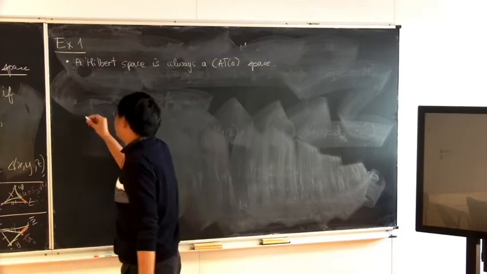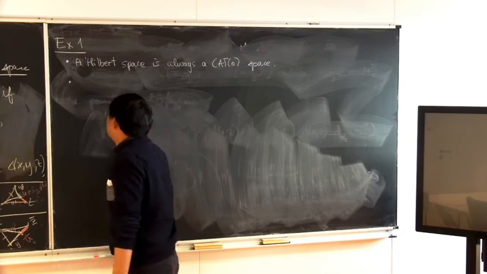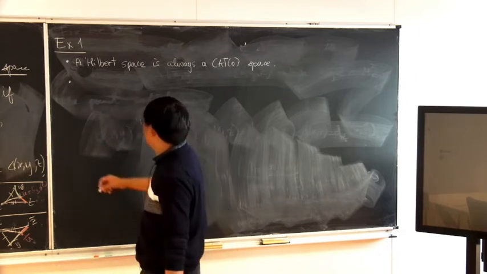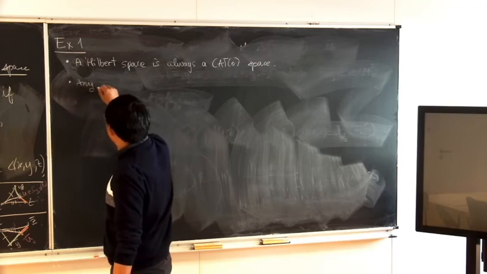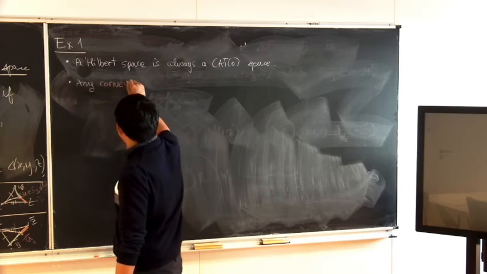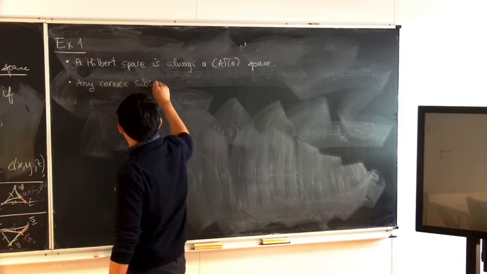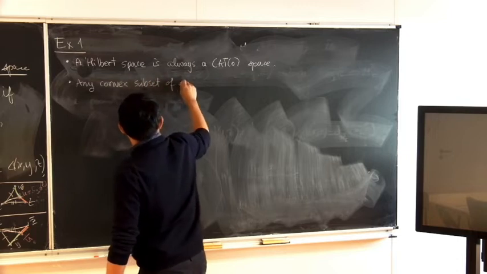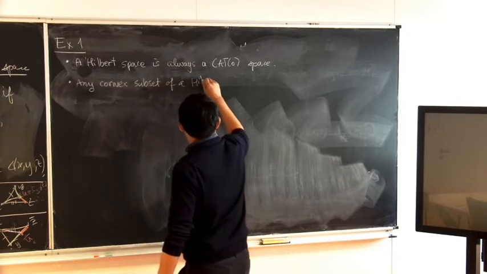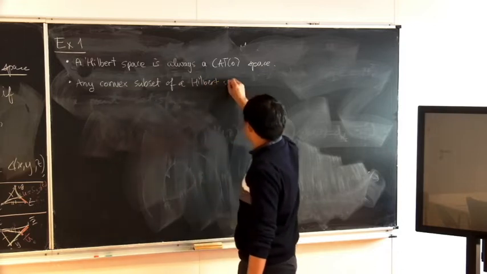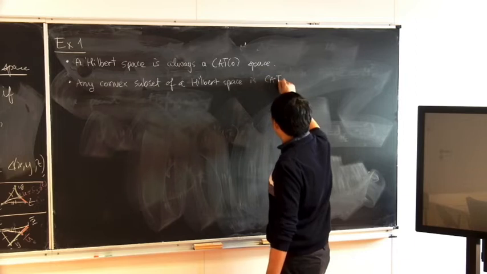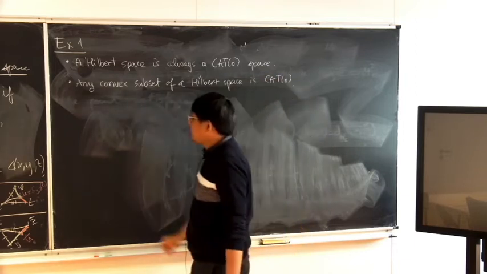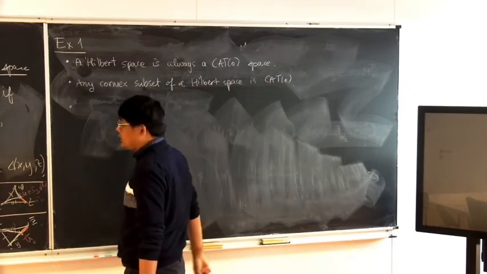Yes, because it has no curvature. What is the next one? Any convex subset of a Hilbert space is CAT 0. What else?